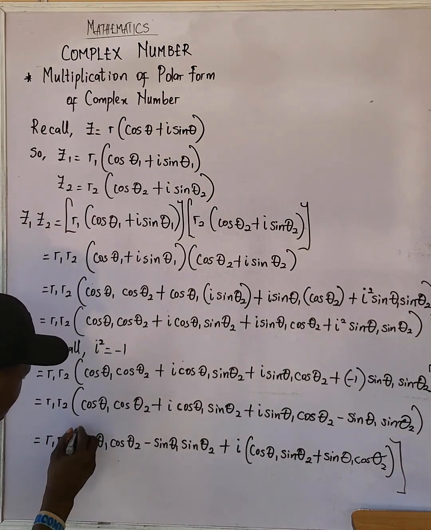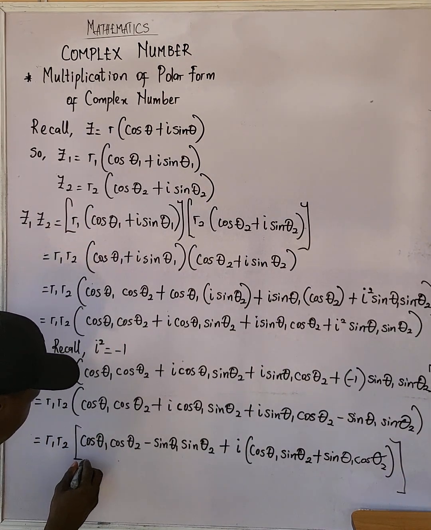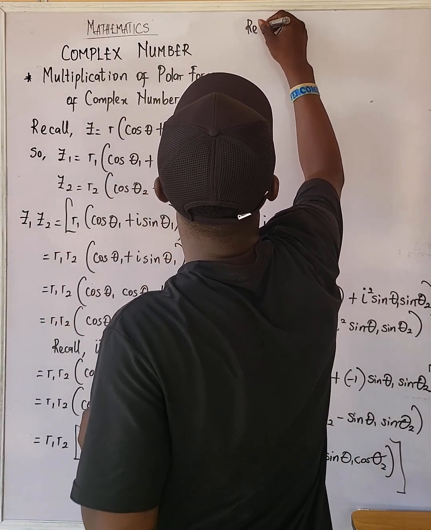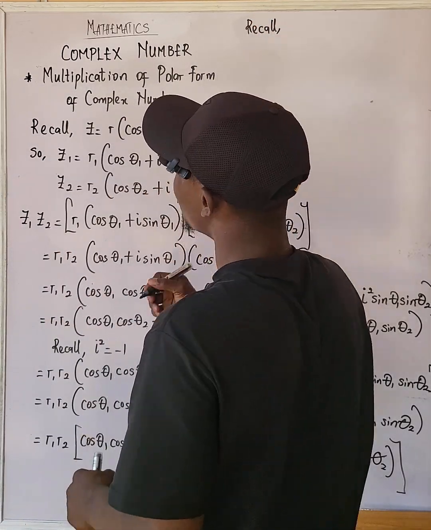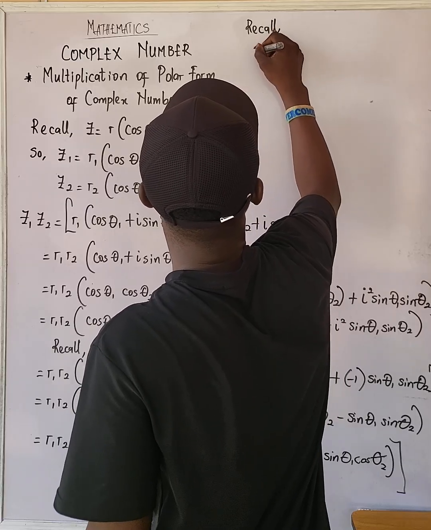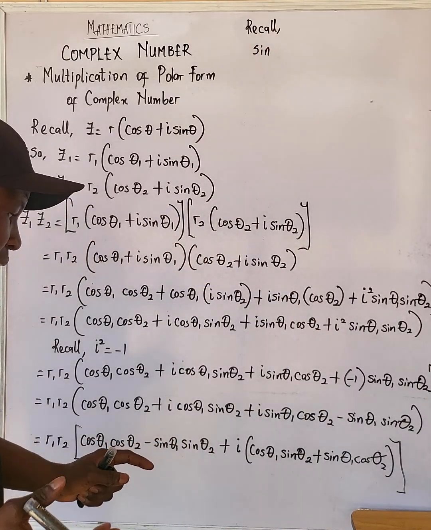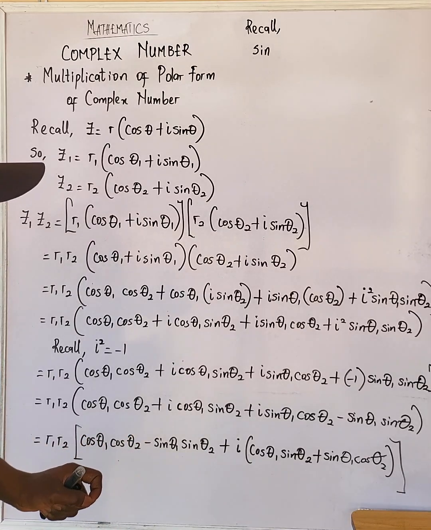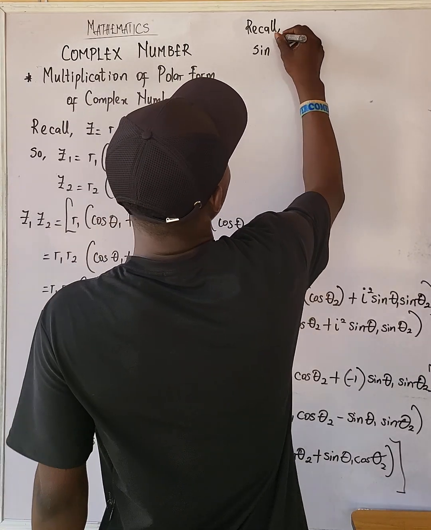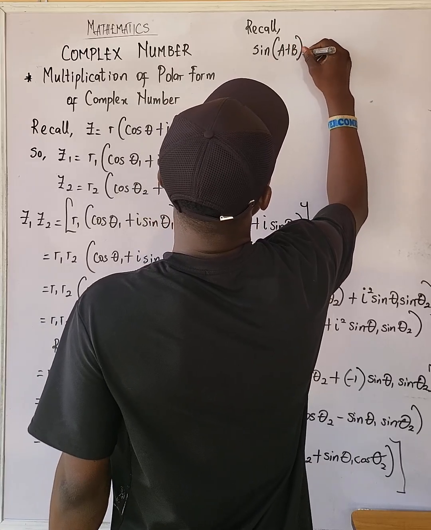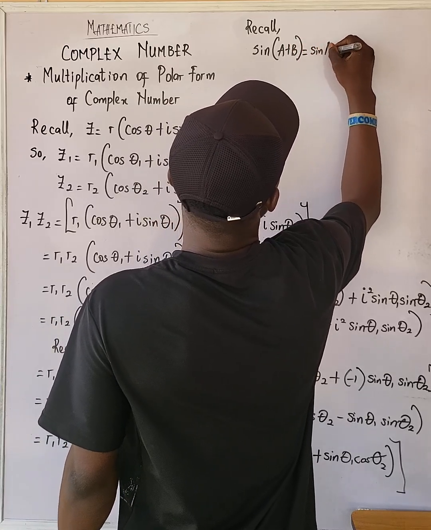So what do we now do? We will have to recall another thing from trigonometry, because we want to arrive at a particular answer, that's why we're doing all this.